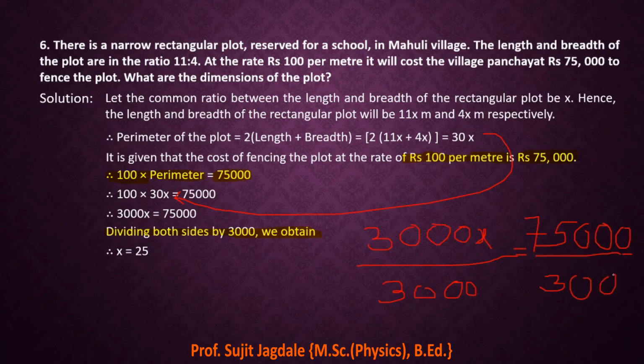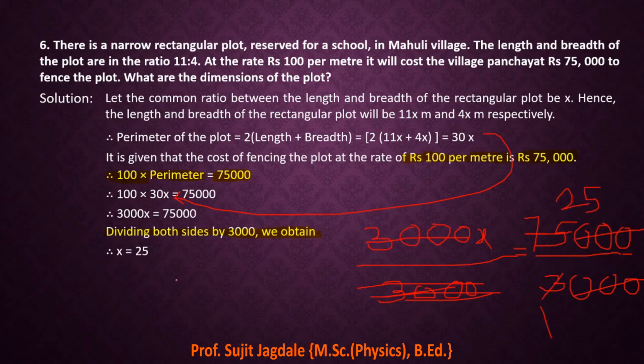So we know that the same terms which are present in the numerator and denominator can be cancelled. So 3000 is cancelled. Here 3 zeros are cancelled, and we know that 25 3s are 75.